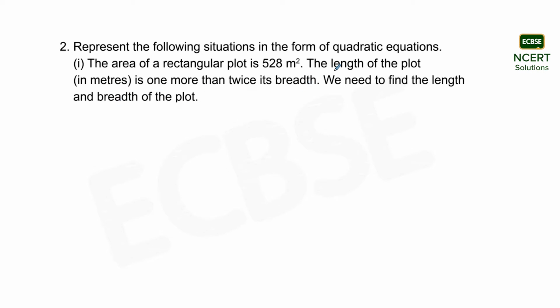What has been given is that the length of the plot is 1 more than twice its breadth. We need to find the length and the breadth of the plot. In order to represent this English form into the mathematical form of this problem, I'll let the breadth of the rectangular plot be x meter.